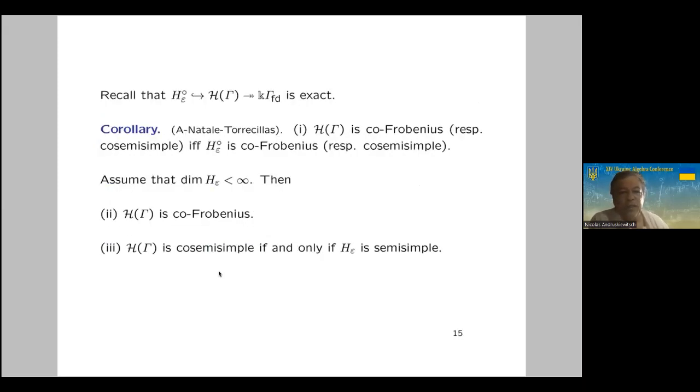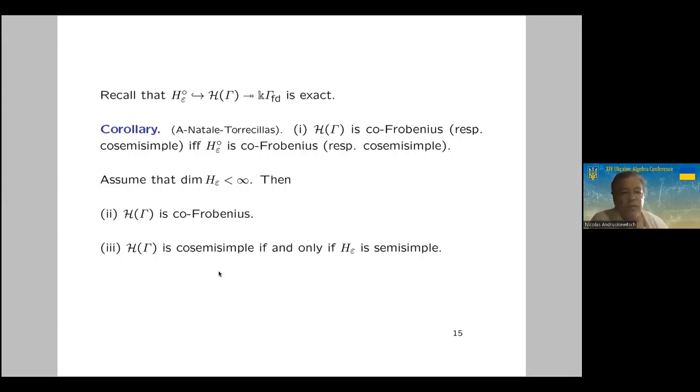So looking at the extension that I mentioned before of H gamma as extension of H epsilon finite dual by the group algebra of this group gamma FD, we conclude immediately that H gamma is cofrobenius if and only if H epsilon finite dual is cofrobenius, and same for cosemi-simple.